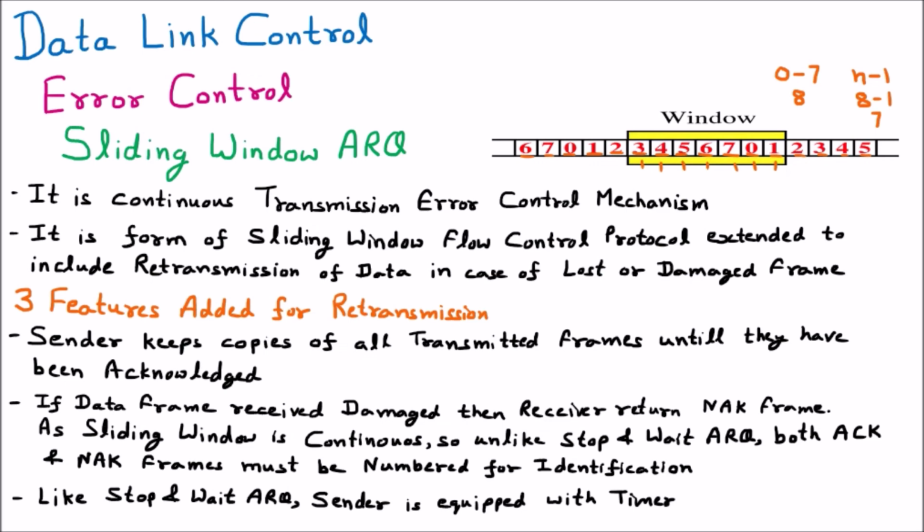If those packets' acknowledgement is not received at a specific time, then those packets are retransmitted. And one more feature, that is NAK and ACK, both frames are numbered for the identification. So these are the three features which are added to the sliding window ARQ.